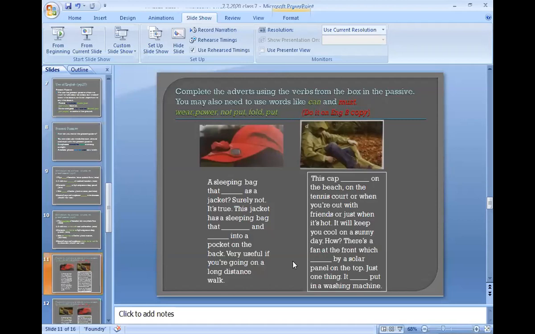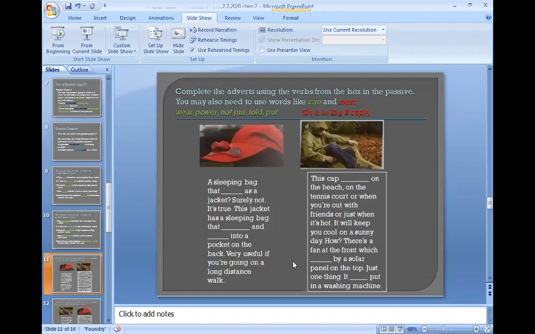Now see, you are going to add, how many blanks are there in the first one? 3 blanks are there. And there are words given over there. What are the words? Wear, power, not put, fold, and put. Now what are the verbs we are going to add? Can and must. See, you are going to add this under these pictures.